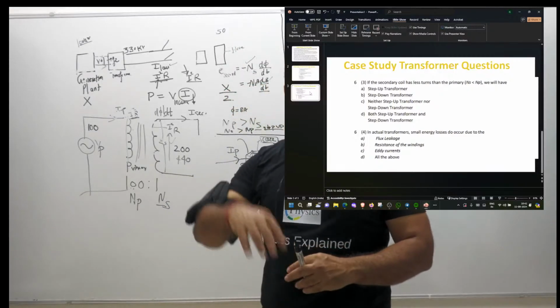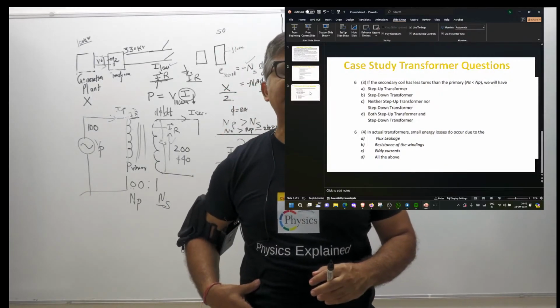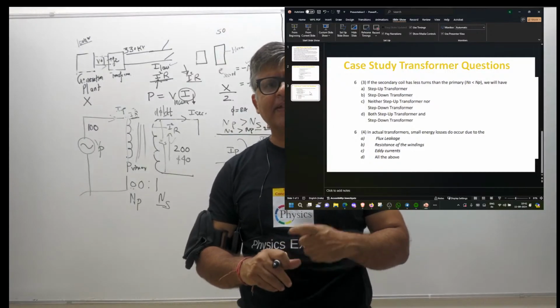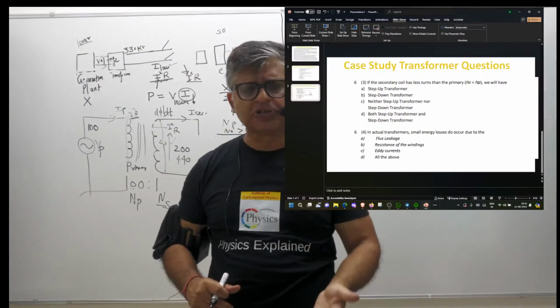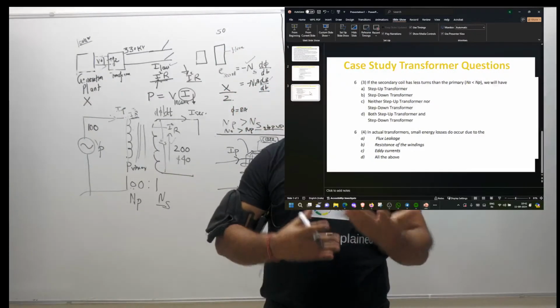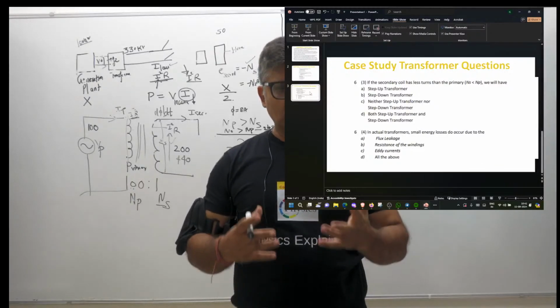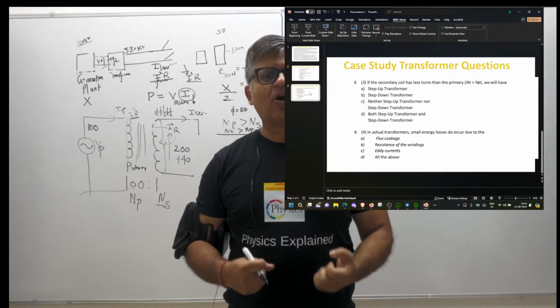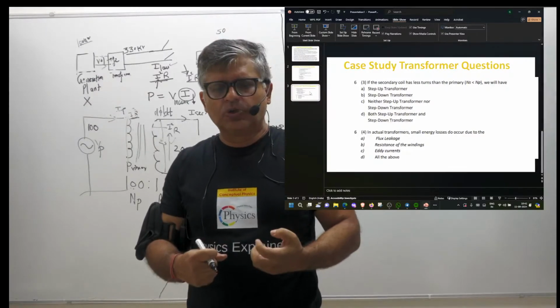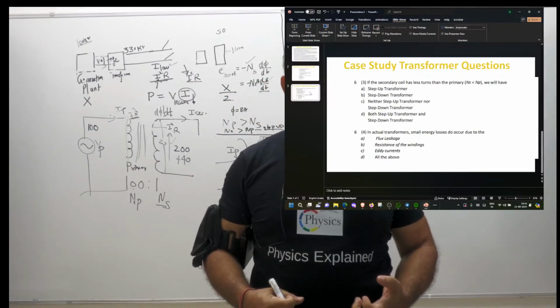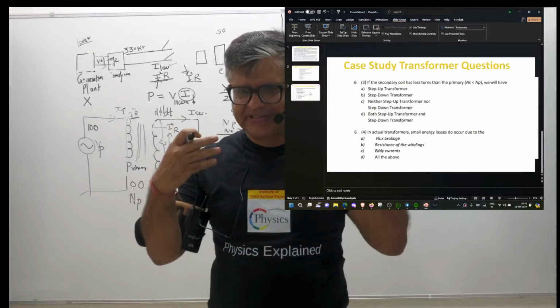Please also attempt reasoning and assertion questions on transformer. I will keep on bringing these case studies and reasoning and assertion questions at regular frequency now, so that your confidence level to get conceptual clarity as well as to do well in your board examination and score very high goes up.